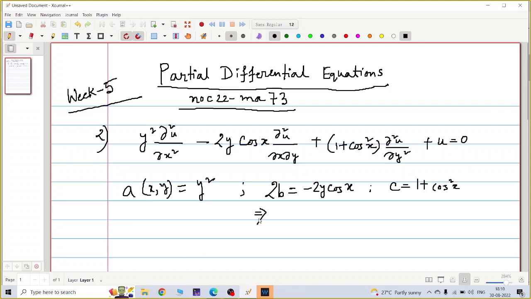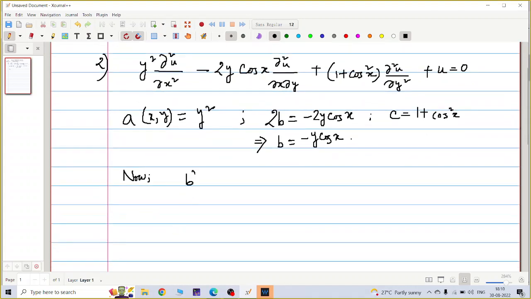It is the same as finding b square minus 4ac also, because my B is y plus x. So now b square minus ac is (y plus x) square minus y square into (1 plus x square). So it is simply minus y square.